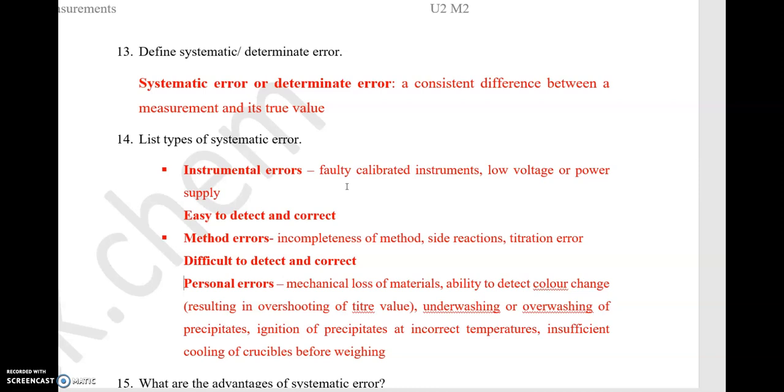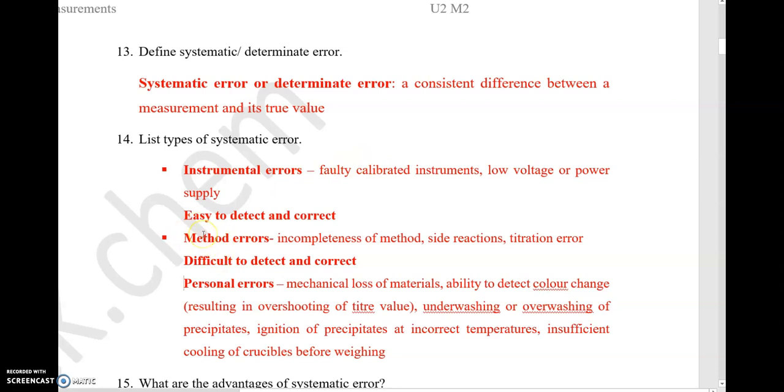A burette or pipette may be incorrectly calibrated as well. Instrumental errors are also inclusive of a low voltage or power supply to the device. And it is said that instrument errors are supposed to be easy to detect and correct because, as it says, it should result in a consistent difference between a measurement and its true value.